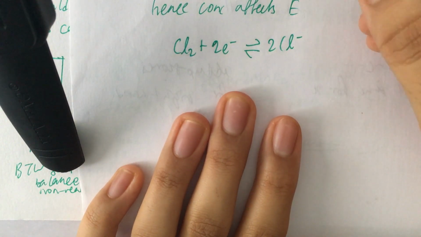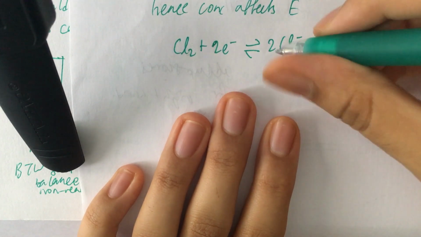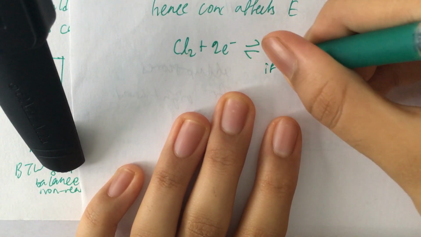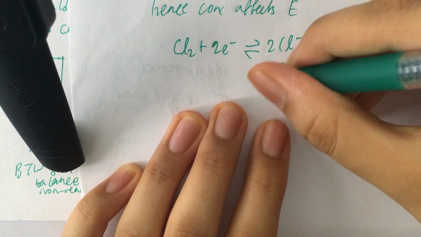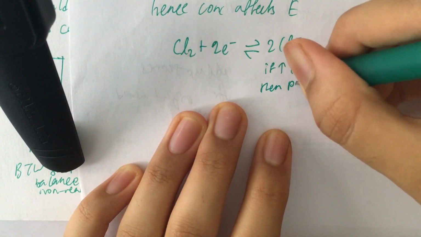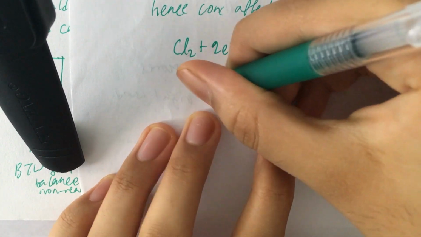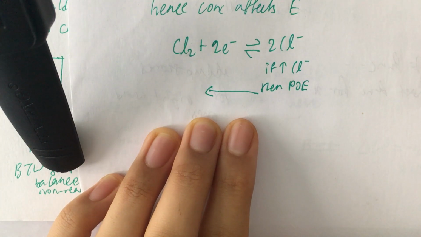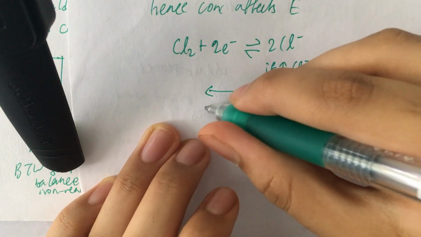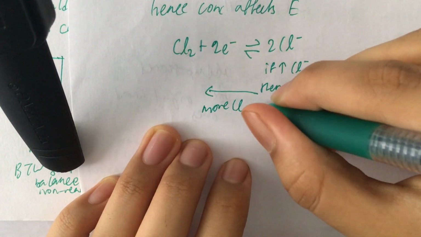When you increase the amount of Cl minus, it will be more likely to oxidize into Cl2 because of Le Chatelier's principle, and it will want to move the position of equilibrium to the left. And therefore, the potential will also decrease because it's more likely to oxidize rather than reduce.